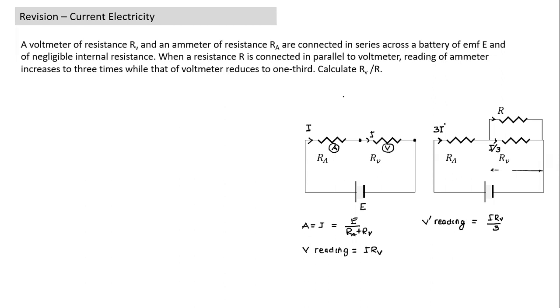If this is I/3 and the total is 3I, what is the current flowing through this part? 8I by 3. Now, how do I get the ratio? Very easy. Both potential drops are equal. R into 8I by 3 is equal to RB into I by 3. I get my answer.